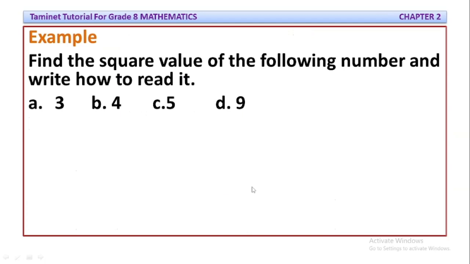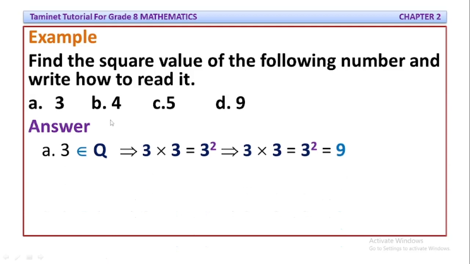Example. Find the square value of the following number and write how to read it. So 3 is an element of rational number. If 3 is multiplied by itself, we can get the square of 3 or 3 to the power of 2. So finally 3 times 3 is 3 square. 3 square means 9. 3 times 3 is 9.